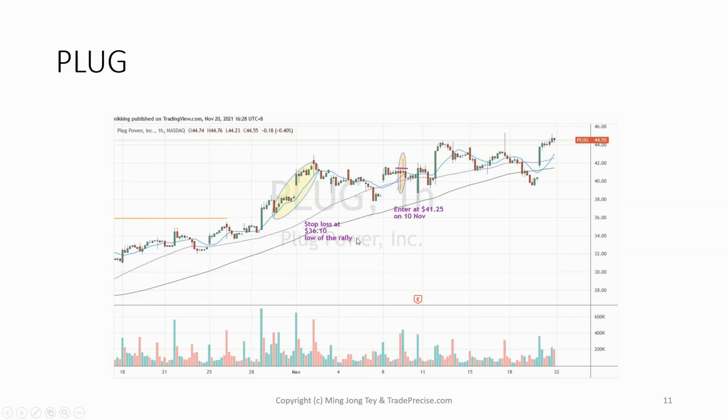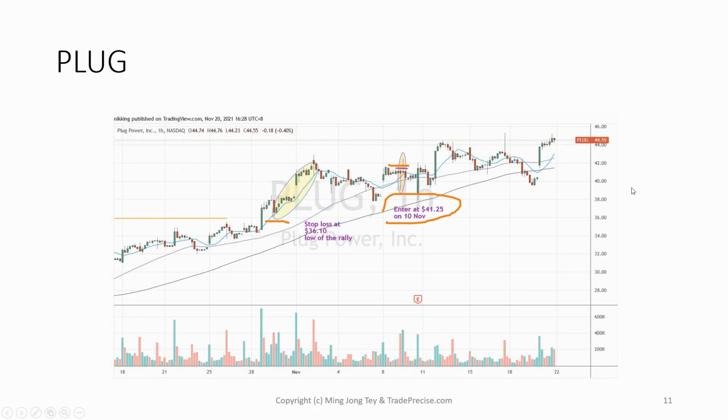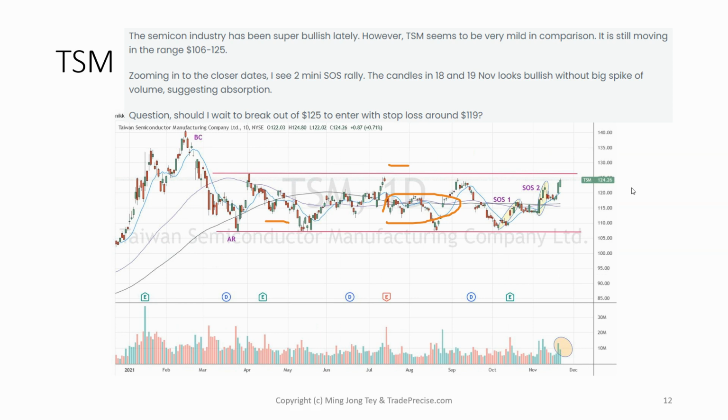Okay, stop loss at entry. Let's start from the entry. So that's your entry, 41 on November 10, and your stop loss is 36, so somewhere around here. Okay, what's your question? I think I did not copy down your question. Never mind.